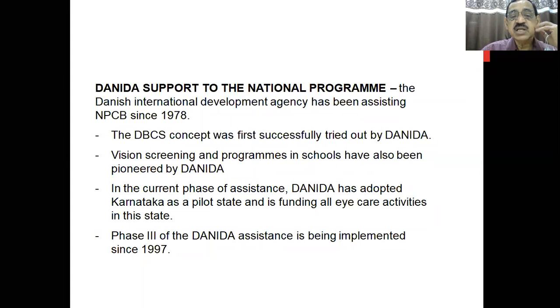Vision screening programs in the schools have also been pioneered by the Danish International Development Agency only. Here we take the help of the teachers who initially identify the children who have defective vision.